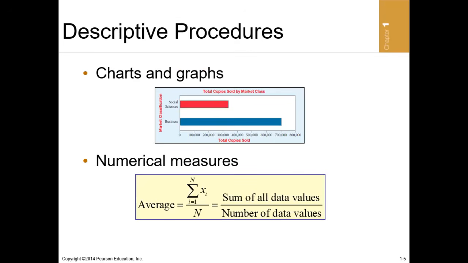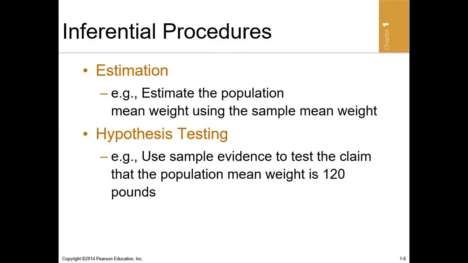Descriptive statistics can be done using charts and graphs, or it can be done using numerical measures, right? So in my series of videos, I'll teach using charts and graphs as a descriptive procedure, and I'll also teach using numerical measures as a descriptive procedure. Then the inferential procedure talks about making estimations about a population. There we will talk about point estimates and confidence intervals, right?